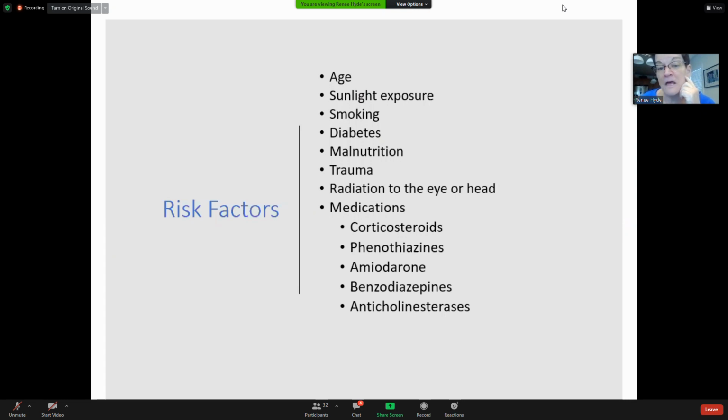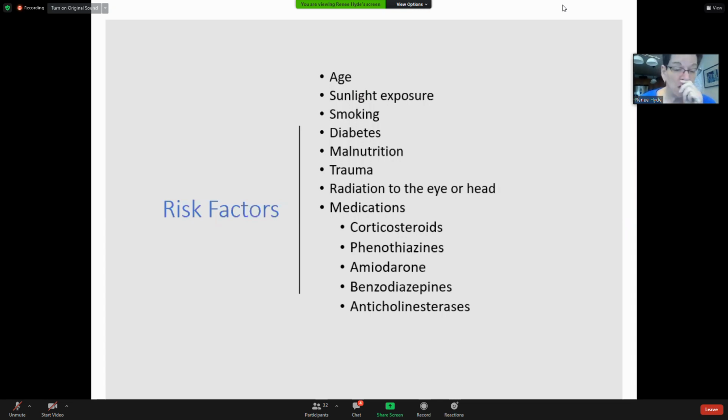Okay? Now, when we're talking about these meds, typically this is what we consider quote unquote long-term use. And by definition, guys, that's 4 weeks or longer.